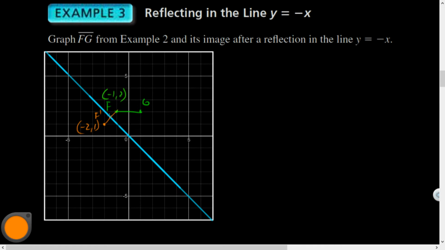I think so, right? That's half a diagonal box away, half a diagonal box away. That done worked. And G was at 1, 2, so this is going to be at -2, -1 for G prime. Right, -2, -1. Yeah, so if I change the order and the signs of each coordinate, I do get a reflection over that line.